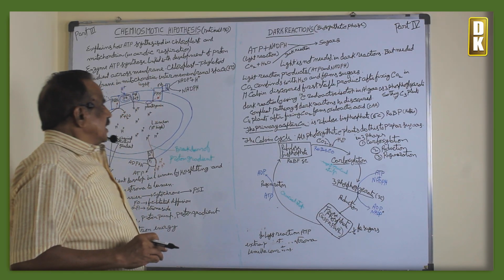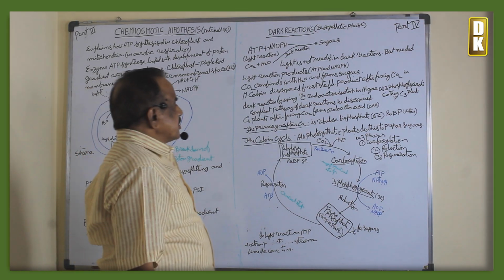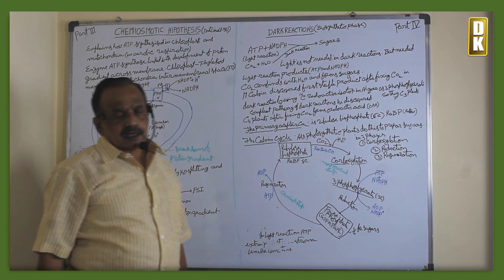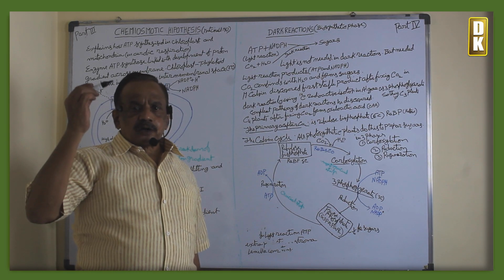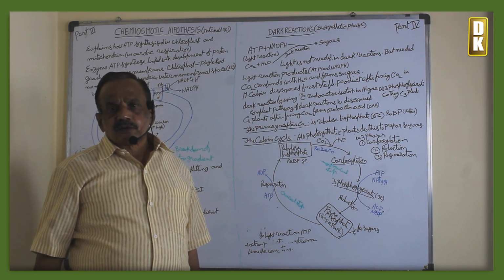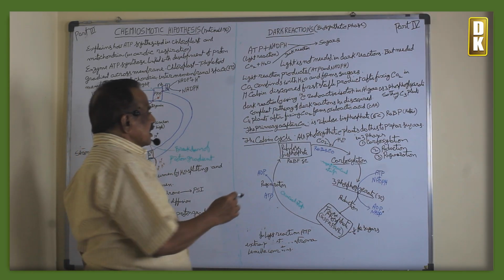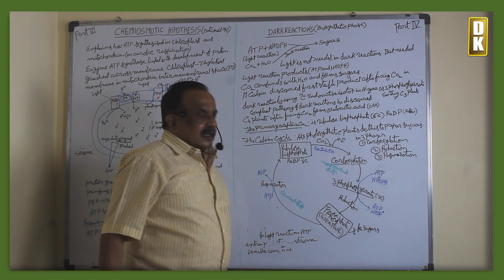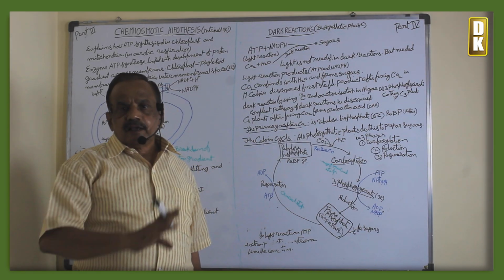Now the Calvin cycle, all photosynthetic plants do this, because sugar preparation is the final product of photosynthesis, done through the Calvin cycle in the dark reaction. The Calvin cycle generally has 3 main steps.